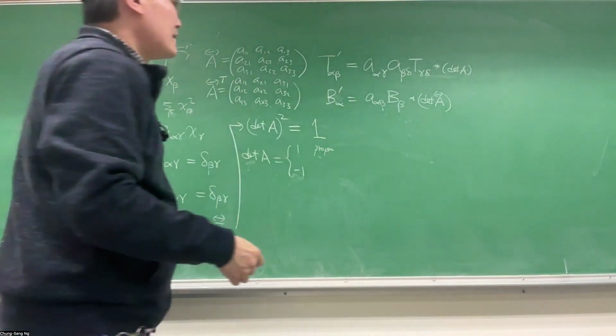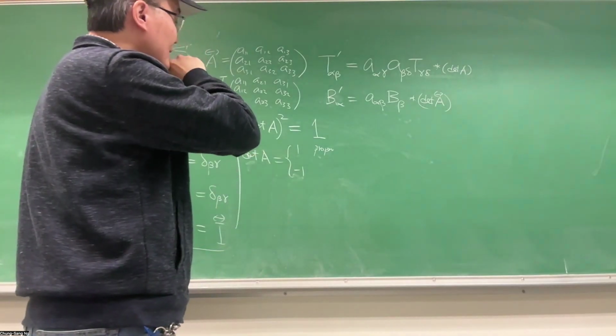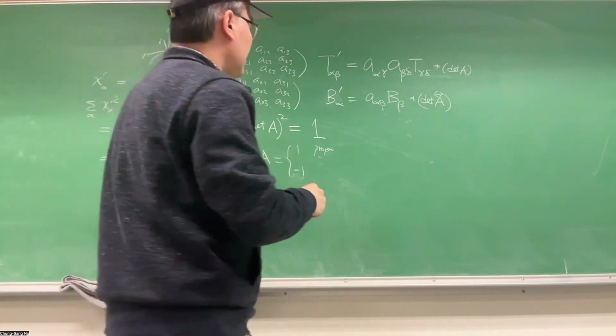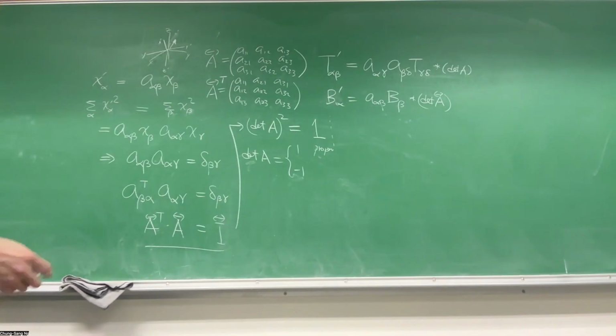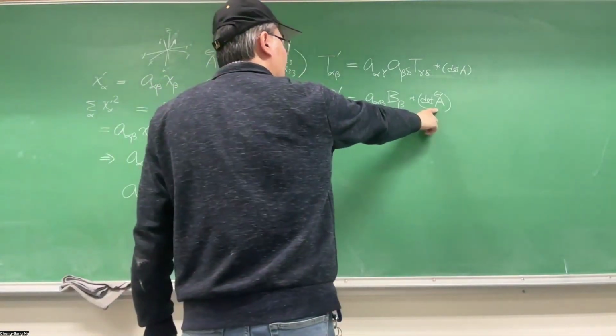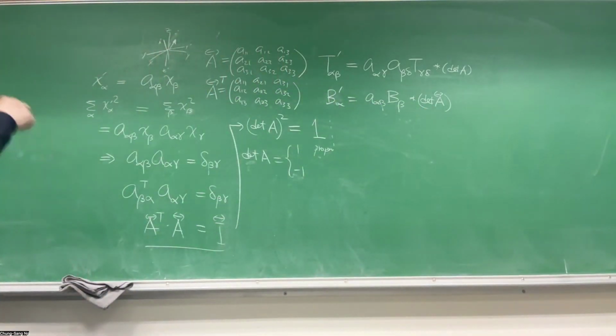Especially if you have a spatial inversion, then you have the extra minus 1 in the determinant factor.